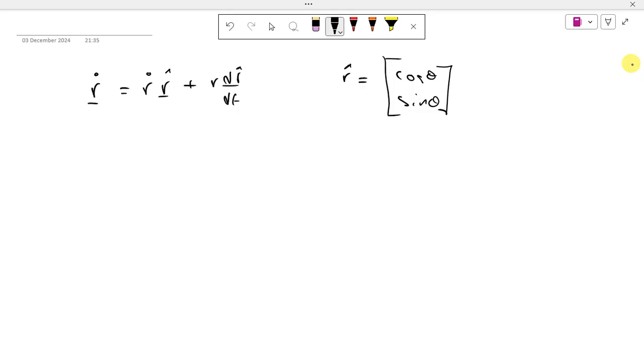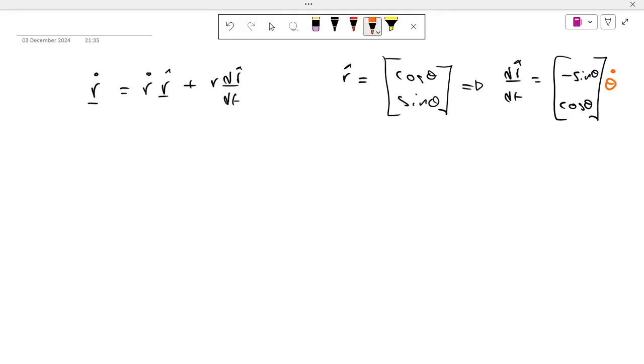So if we differentiate this, we get dr hat by dt equal to minus sine theta, and this sine theta goes to cos theta. And then what you need to do, and this is very important, you need to differentiate the theta in both cases, so that what we get outside the brackets is theta dot.